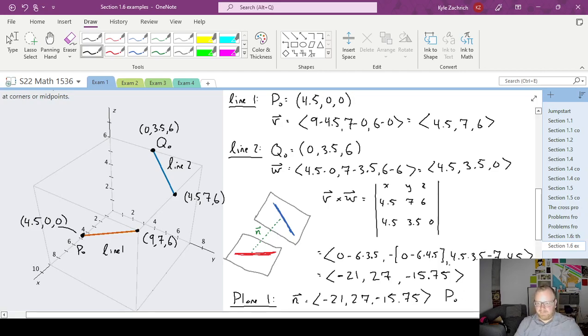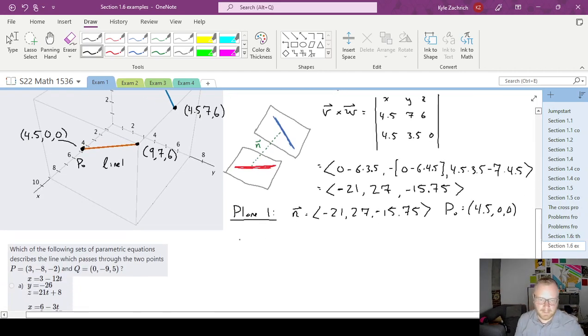I can reuse it from the line, because if it's on the line, it's on the plane that we made. Let's go ahead and figure out that equation there.